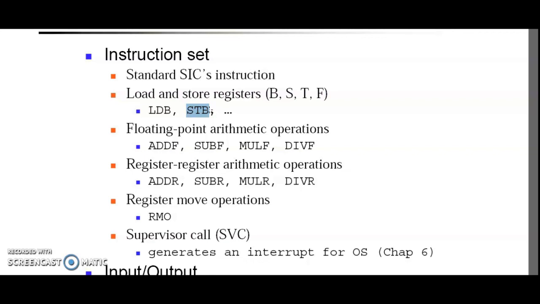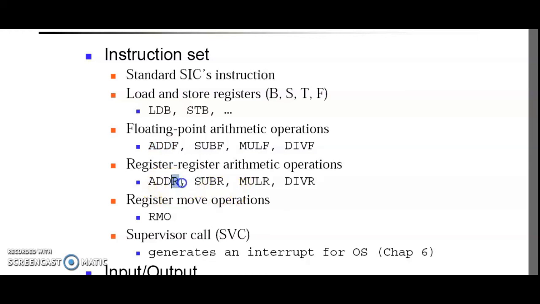Similarly here, LDB, STB. Since we use additional registers, additional instructions are inserted. In floating point arithmetic operations, we use floating point registers, so instructions like ADDF, SUBF, MULF, DIVF can also be used.